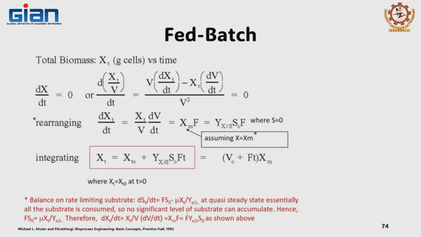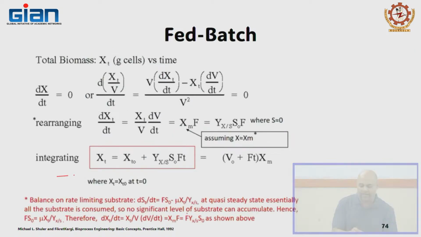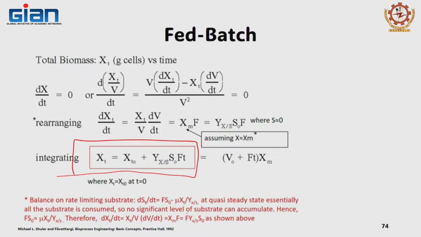Now, the total biomass, the final equation that we get. If you remember, we had X equal to X0 e to the power mu t in the case of the batch. The same equation here would be X t is Y_X/S S_F into F t.